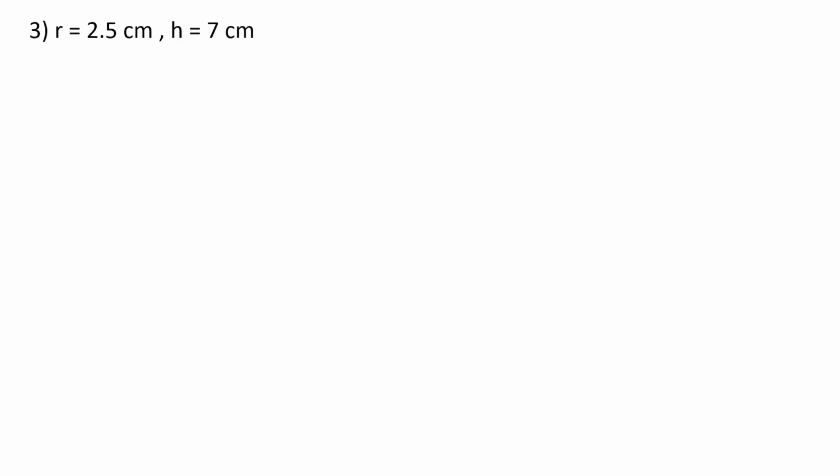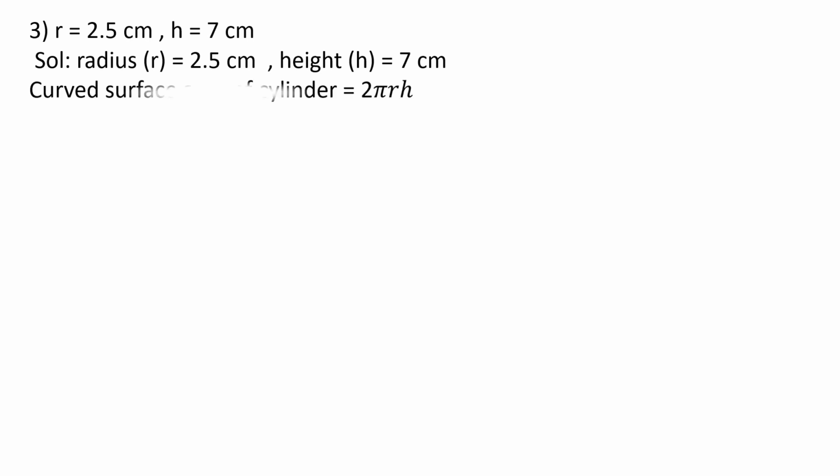Now in the third sum, r, that is radius, is 2.5 centimeter and height given is 7 centimeter. So we'll start. Solution: radius r equal to 2.5 centimeter, height h equal to 7 centimeter. So curved surface area of cylinder is equal to 2 pi r h.